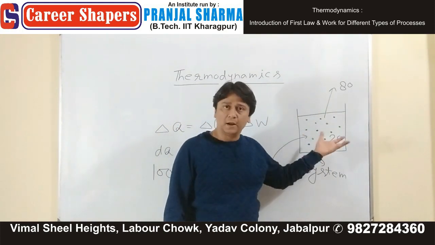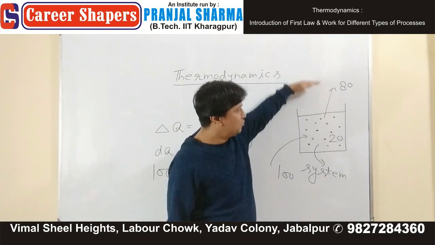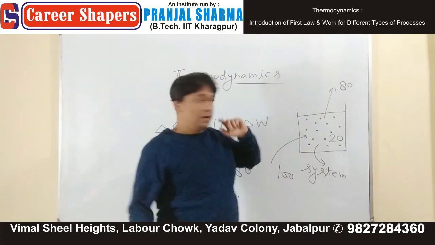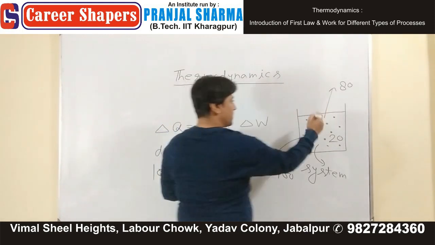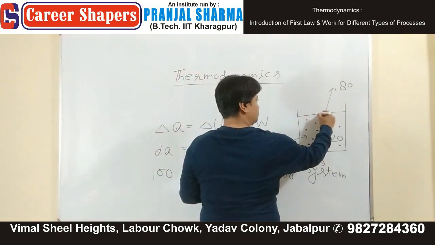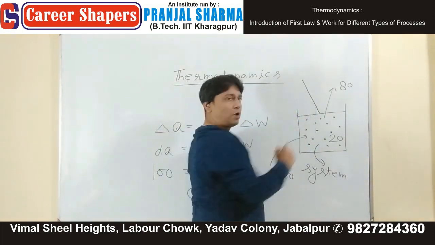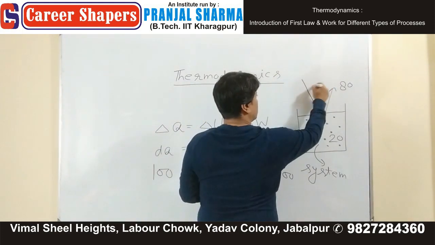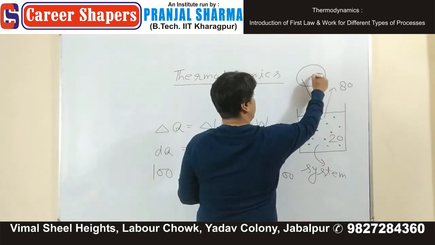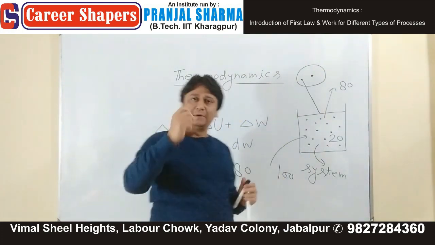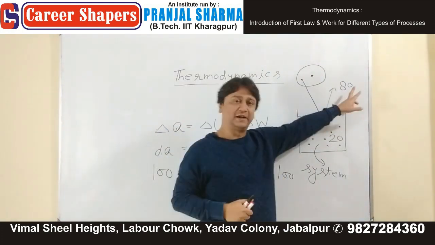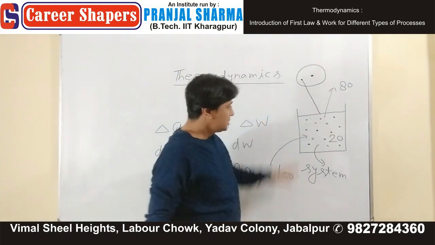So what it did, in the process, this piston moves up. Now, let me tell you what this 80 is, if you can visualize this also. Let's connect a rod, and the rod is connected to a wheel. A simple diagram and you will understand meaning of 80. This is a piston.